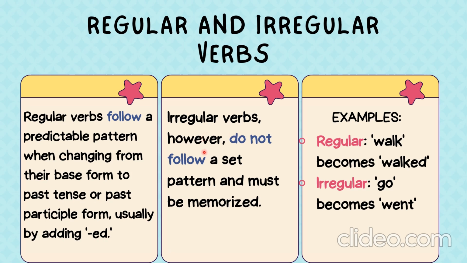Irregular verbs, however, do not follow a set pattern and must be memorized. Examples. Regular verb: walk is the base form of the verb. It becomes walked when we add ed. Irregular: go becomes went.